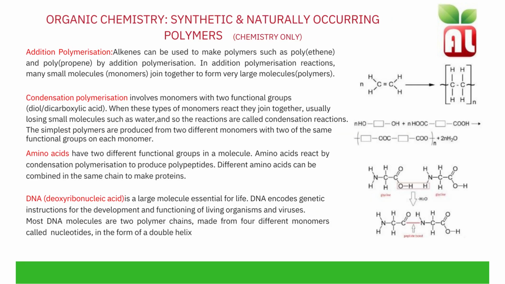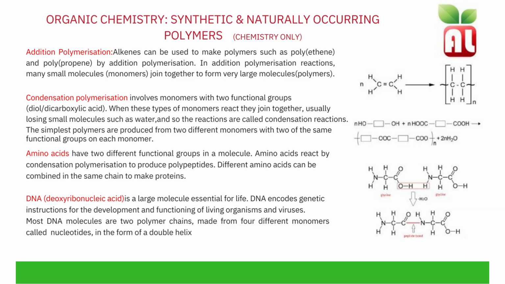Synthetic and naturally occurring polymers. Polymers are long-chain molecules and can be formed in different chemical reactions, producing a synthetic polymer, or such as DNA, which is a naturally occurring polymer.